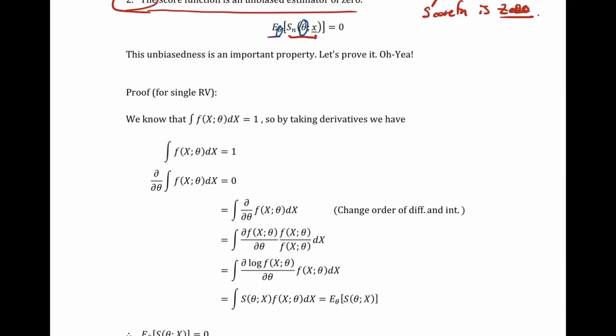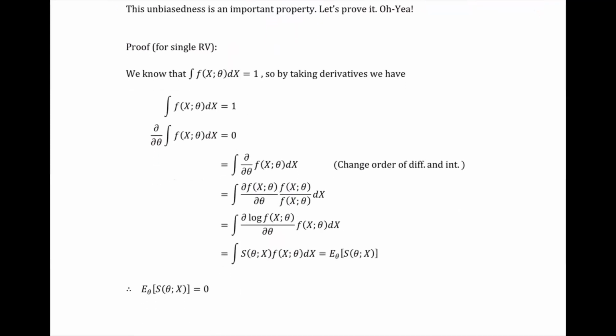So the way to think about this is, well, let's just do the proof. The proof just turns out to be pretty straightforward if you start with a little trick. We know that densities integrate to 1. So I'm going to start there. I'm going to take the derivative of both sides. Now, the derivative of 1 is 0. Well, okay, that's fine.